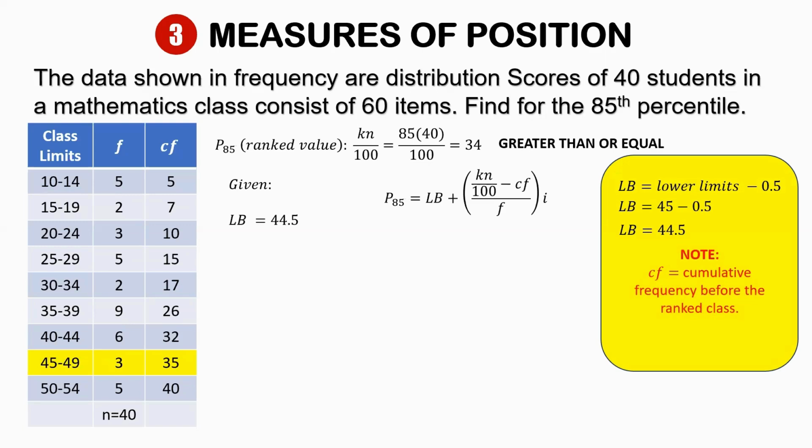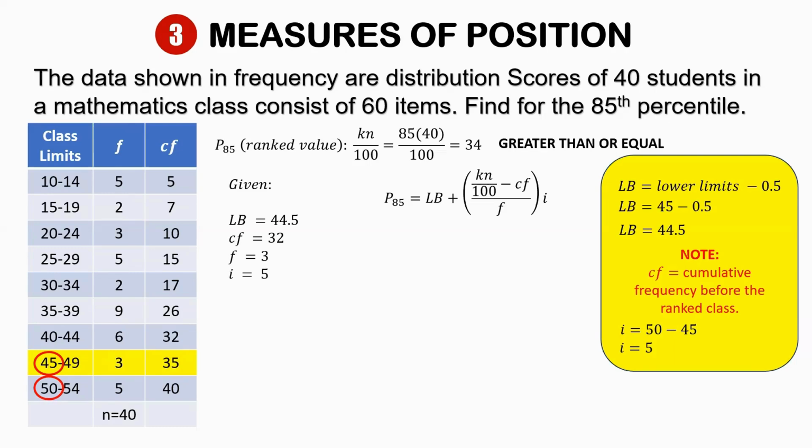As we said, that is the cumulative frequency before the rank class, so that is equal to 32. The frequency is equal to 3. How about the interval? The interval we did earlier is i equal to 50 minus 45, so the interval of this given data set is equal to 5.